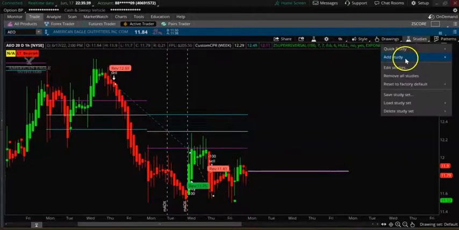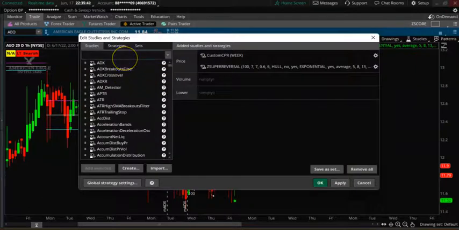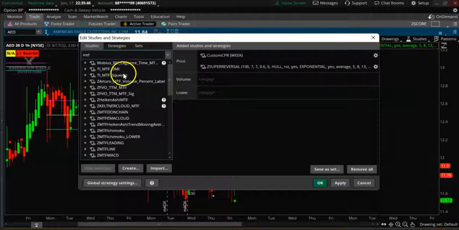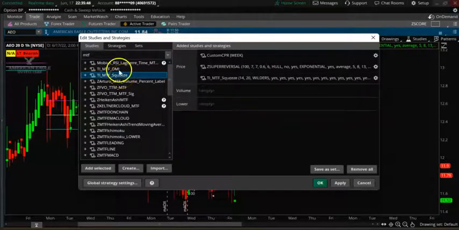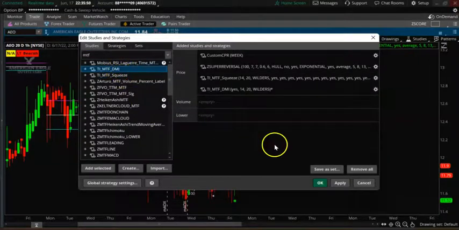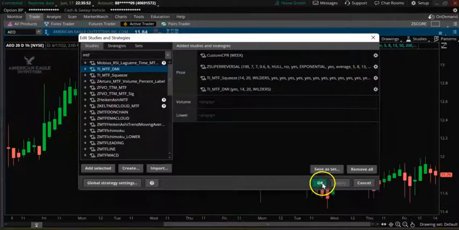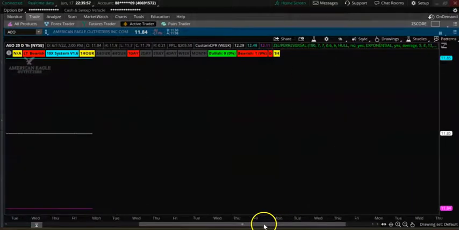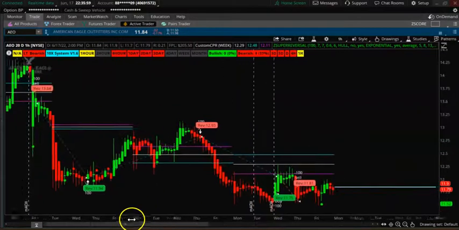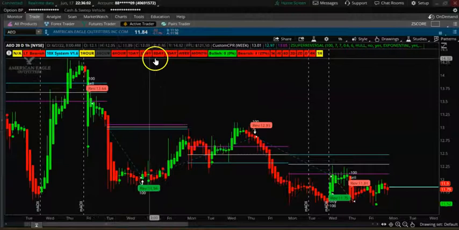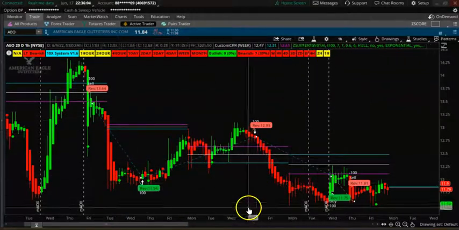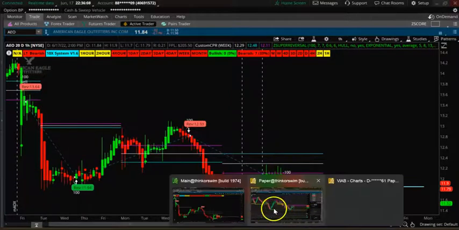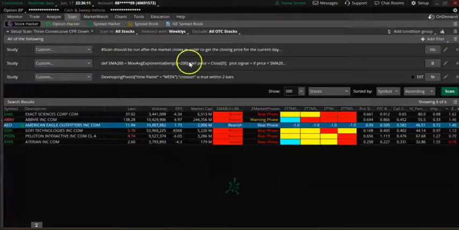So let's also put the MTF squeeze. Okay, all these are bearish. Okay, looks like everything is bearish, so it should open down. Okay, so this is a scan for bearish.